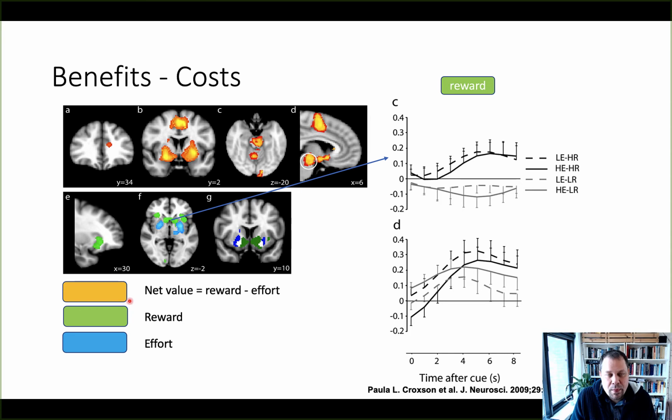So obviously, if we have costs and benefits that are processed in different brain regions, we have to have an integration aspect that allows us then to make decisions properly based on both the costs and the benefits, to assign a value to our actions and make a decision among, let's say, different choice options that offer differences in costs and benefits. So the interesting part is there seem to be regions involved in processing rewards and efforts, and regions that integrate this information and show an interactive effect.